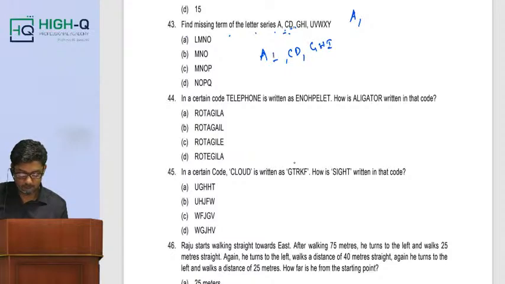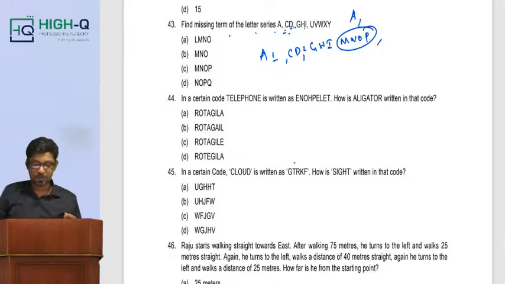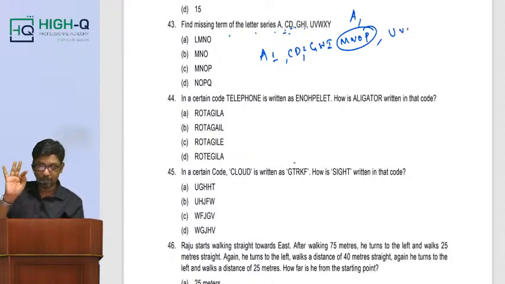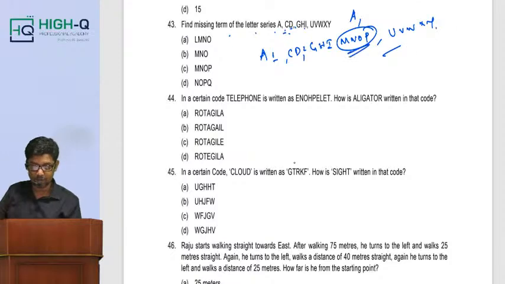See, one letter is gone, here 2 letters gone, 3 letters are coming. Next one is 3 letters. After I, what should come? J, K, L. So the remaining 4 letters will come: M, N, O, P. This is what is missing. Then 4 letters missing: Q, R, S, T. Yes, of course. M, O, P is our answer.